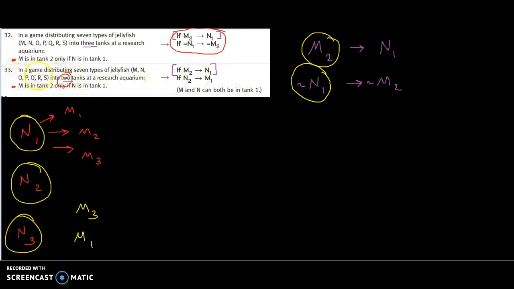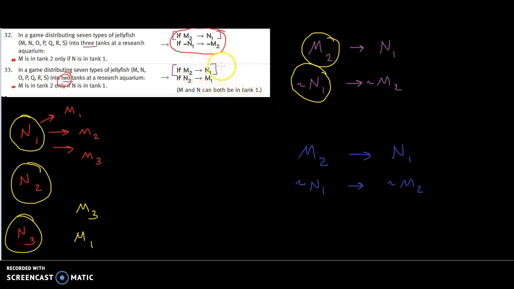First things first, we can make the exact same deduction here. M is in tank 2 only if N is in tank 1. So I can say M2 happens if that situation occurs, therefore we must have N1. And we can make the contrapositive: if not N1, not M2. This is where I think the text is poorly constructed and confusing.